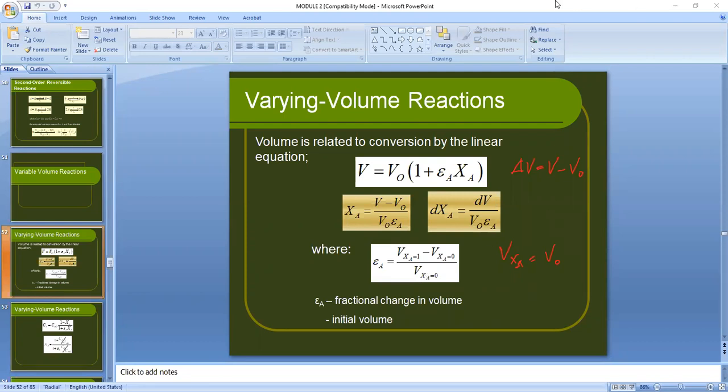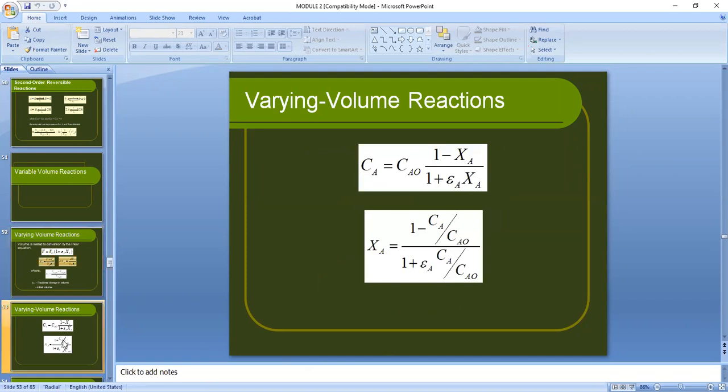I hope you can still recall the manner of determining the epsilon A. Now, the key to solving variable volume reaction problems is really determining the correct epsilon sub A. If this is wrong, though you only have to follow a formula in which you plug it in, then everything would be wrong. So start with the correct fractional change in the volume.